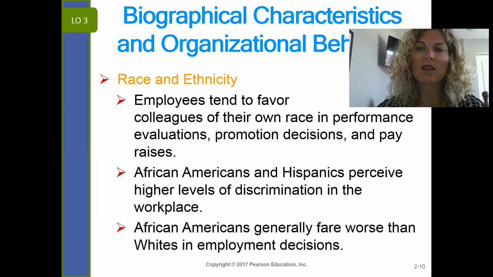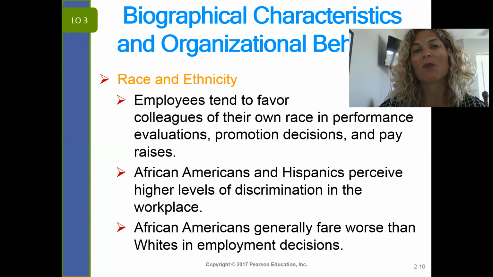Some important things to note here, that employees tend to favor colleagues of their own race in performance evaluations, promotion decisions, and pay raises. So meaning, as a manager, I tend to give preference to those employees who are similar to me, who look like me, who act like me, right?